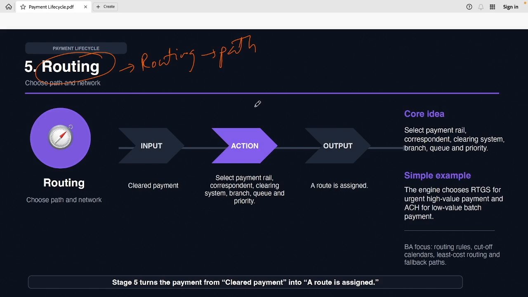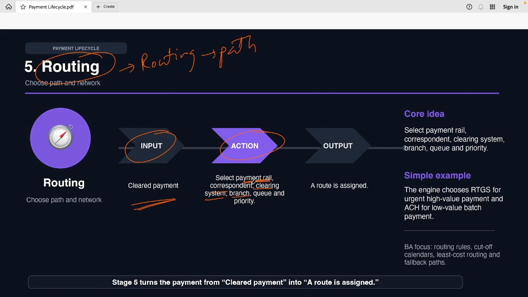For this particular stage, the input is a cleared payment. The payment has to be cleared after all the checks have been done. Then what action will be taken? The payment engine may select the payment rail, the clearing system, the corresponding bank, the processing branch, payment queue, processing priority, and message type. Okay, the payment rail.